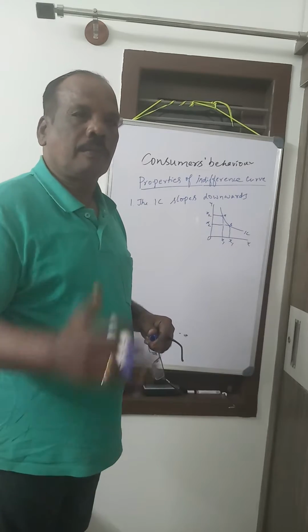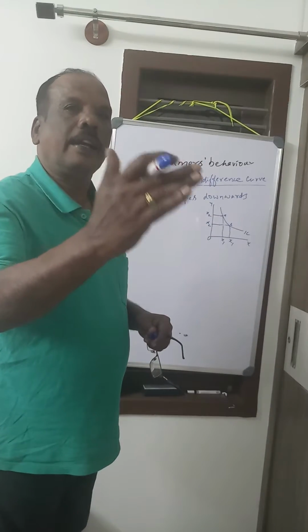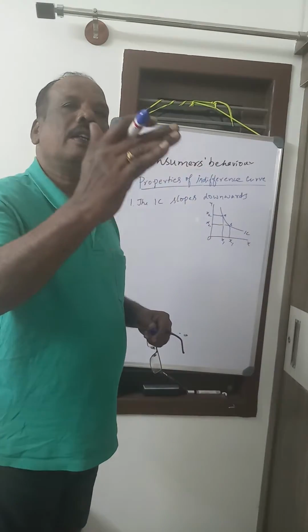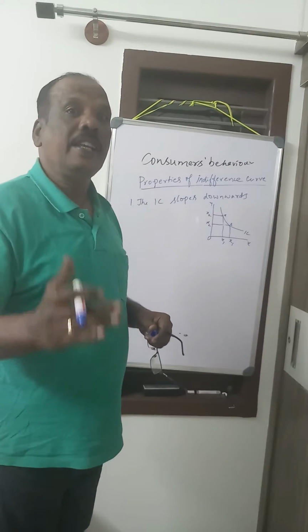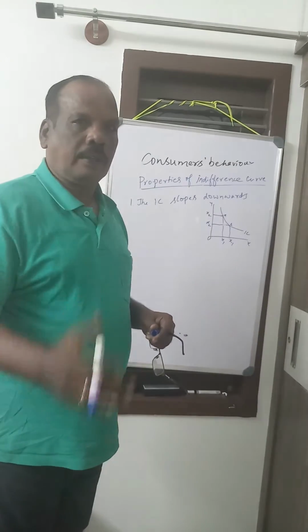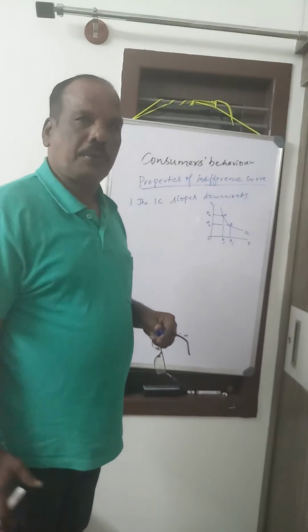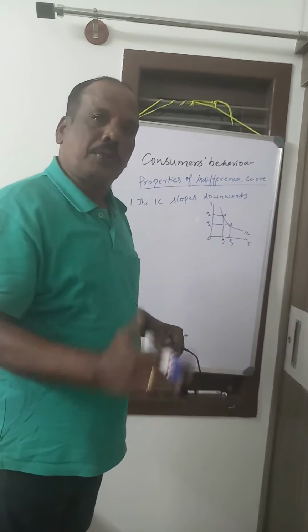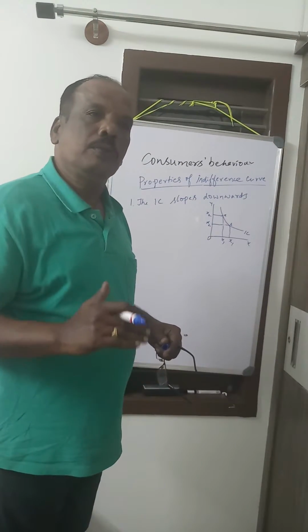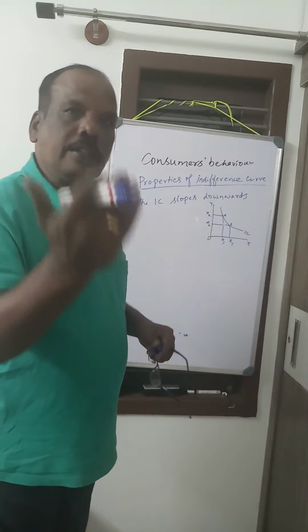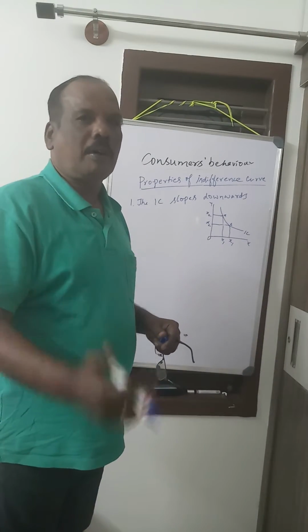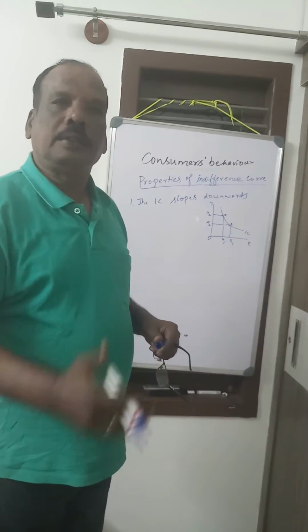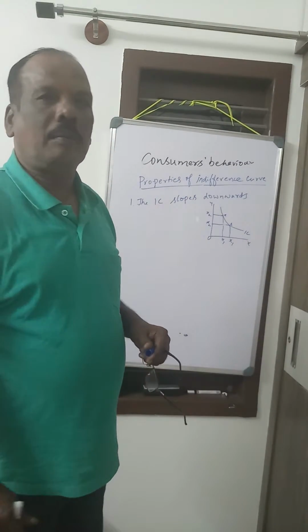That shows marginal rate of substitution. So it is diminishing marginal rate of substitution, DMRS. Diminishing marginal rate of substitution means when you increase the consumption of one commodity, you will have to reduce the consumption of another commodity.